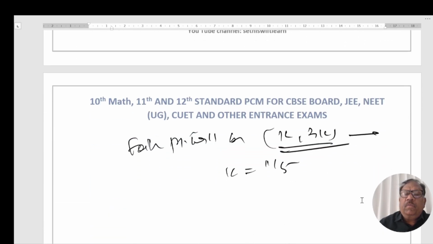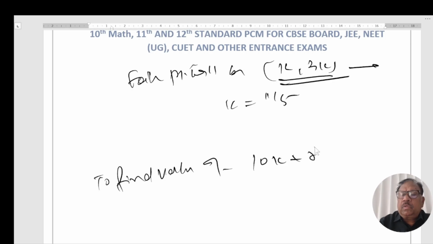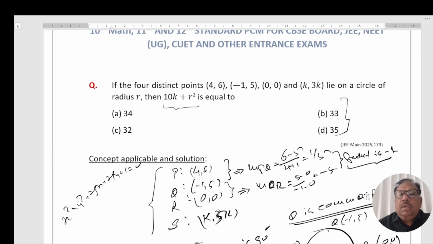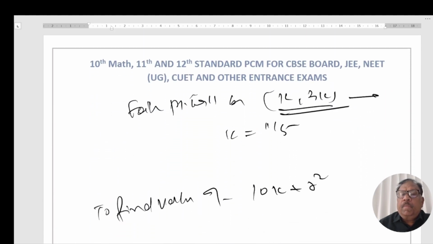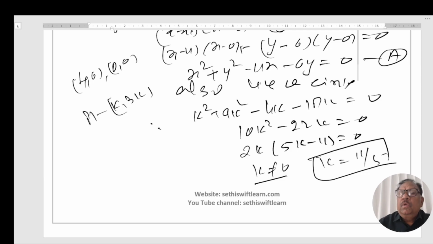To find the value of 10k plus r square, we have to find the radius of the circle. Under root g square plus f square minus c.